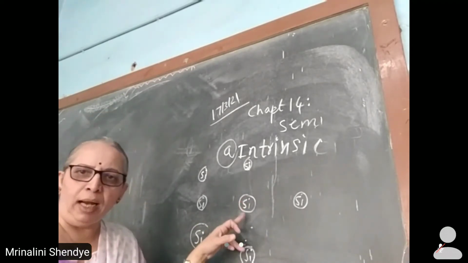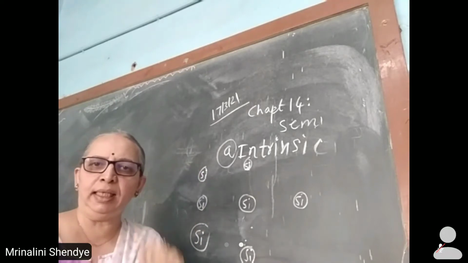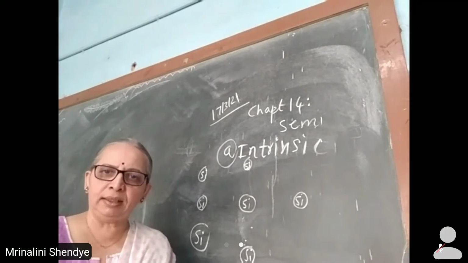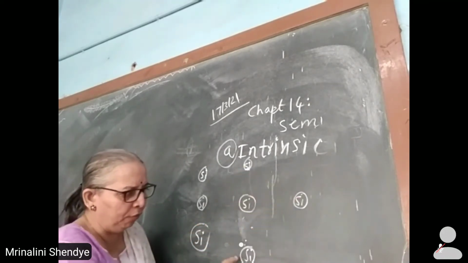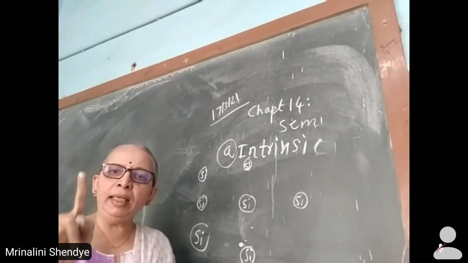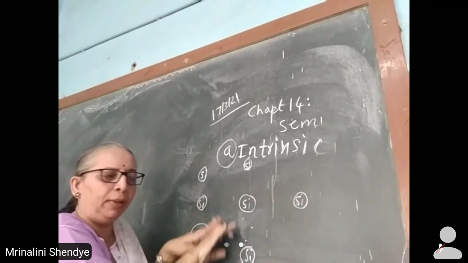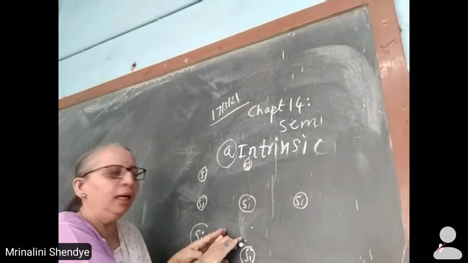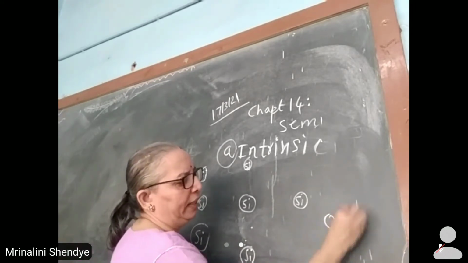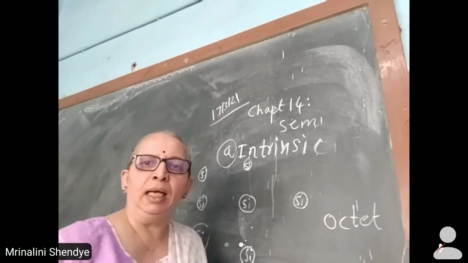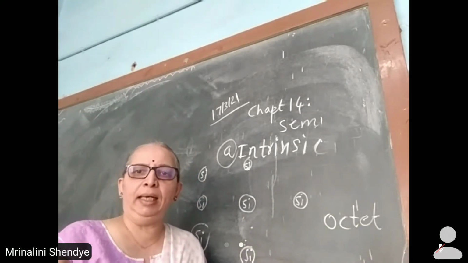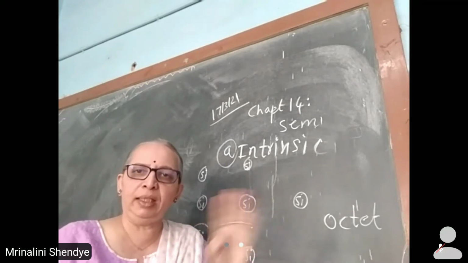Each silicon atom has 4 valence electrons. One atom shares its 4 valence electrons with 4 neighboring atoms, and it takes 1 electron each from the neighboring atoms, and every atom completes its octet.